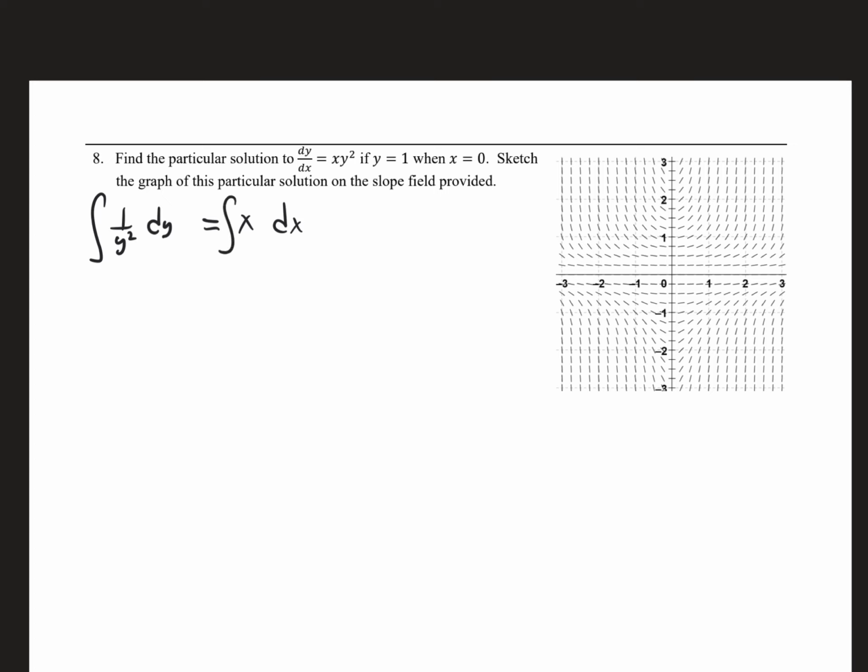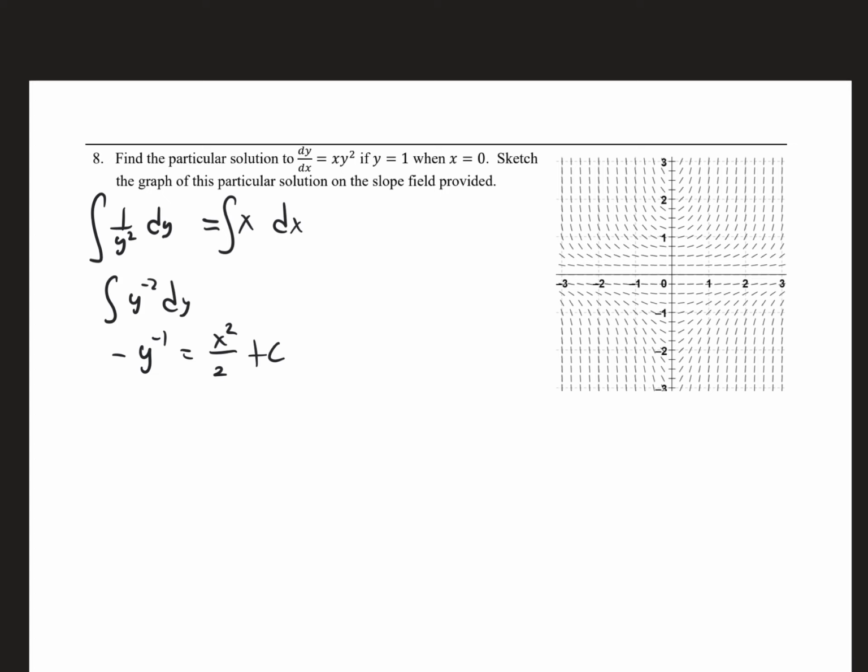Then we can integrate both sides. This would be the integral of y to the negative 2, which would be y to the negative 1 divided by negative 1, which puts a negative sign there. And then the integral of x would be x squared over 2 plus some constant c.